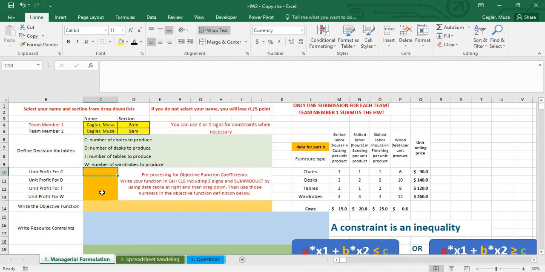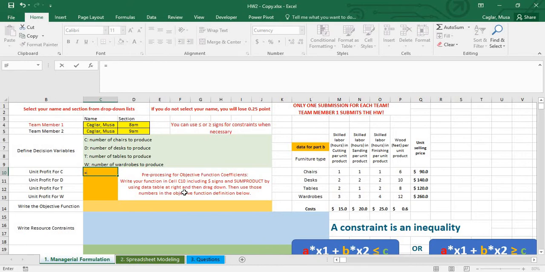Then we're gonna calculate the unit profits for each furniture type. So I have selling prices and I have resource usage for each furniture type. Also I know the cost of each resource usage. So I'm gonna do the following.